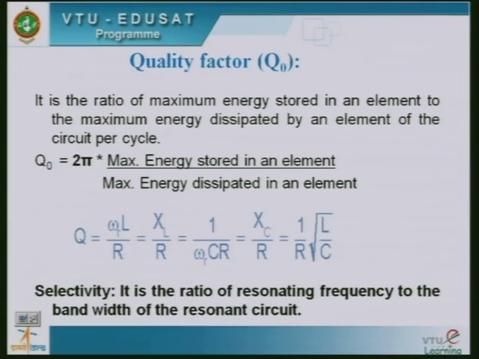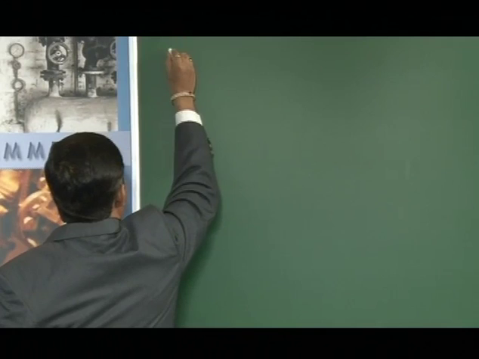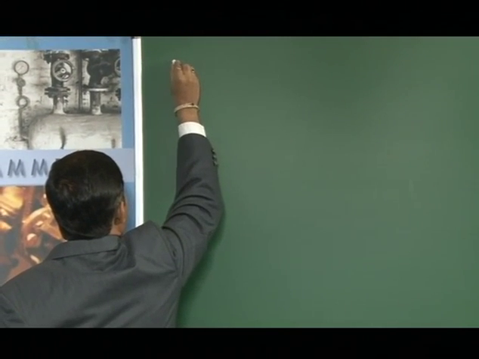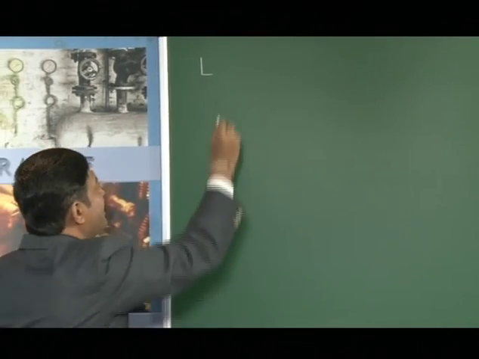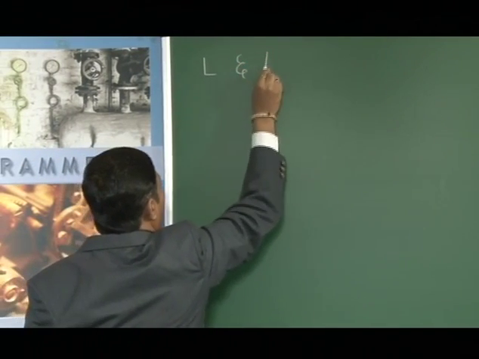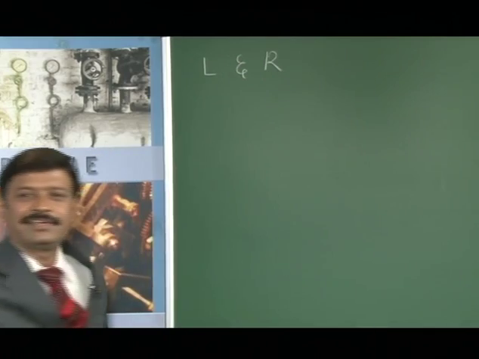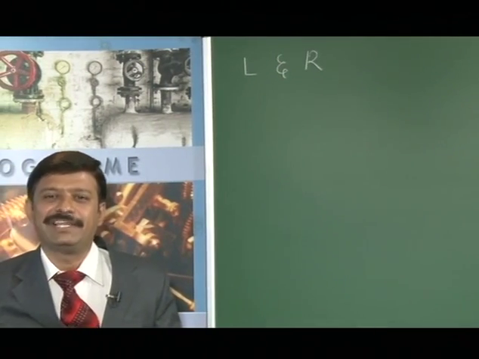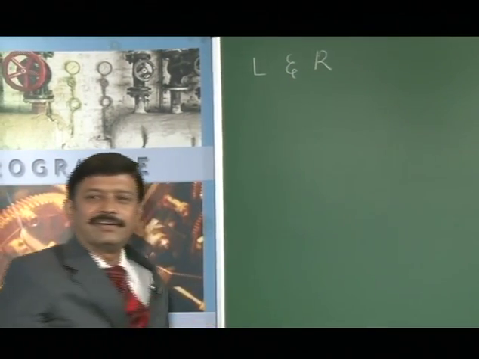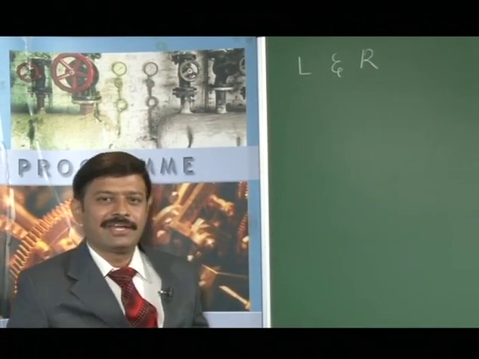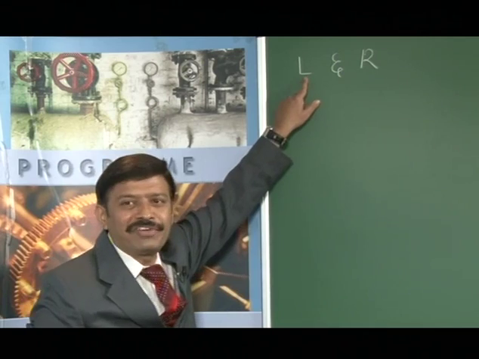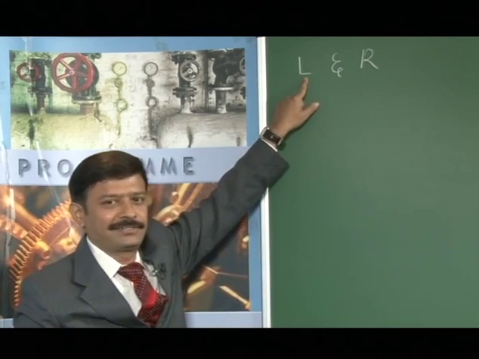So, we know that the energy stored, we are considering L as the energy storing element and R as the energy dissipating element, because always power is consumed in the resistor and energy is stored in the inductor.